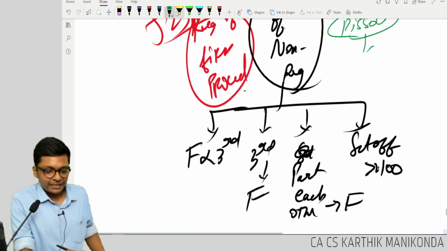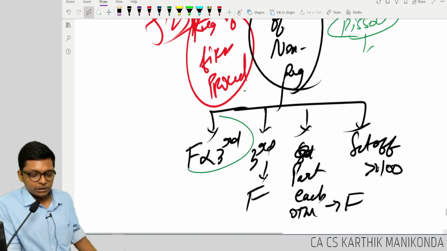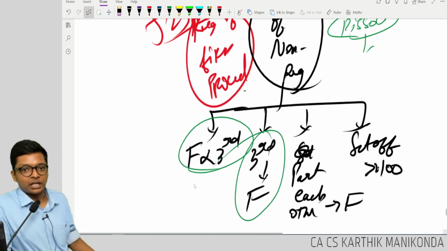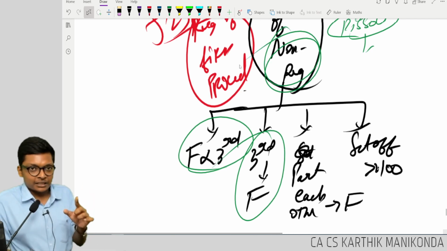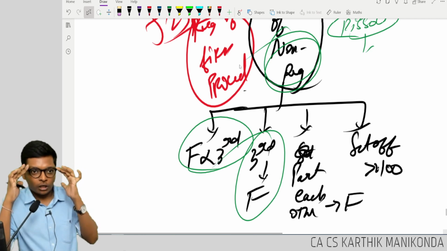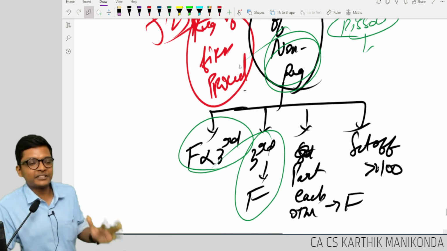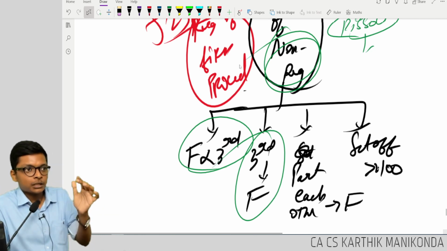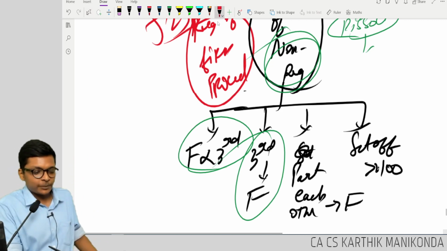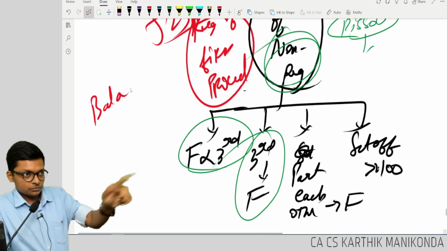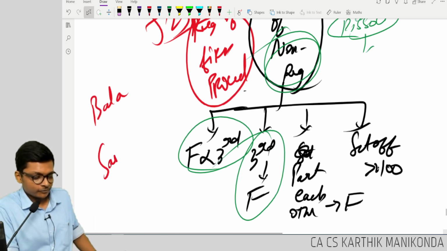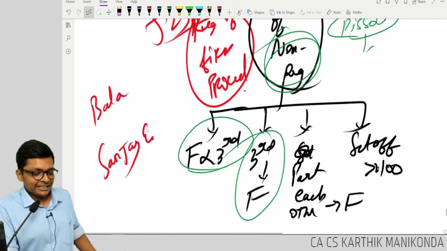What is the logic here? Why can the firm not sue a third party, but a third party can sue the firm? Very easy. If the firm is non-registered, in the eyes of the law, the firm is not visible. Let's say there is a problem between Bala and Sanjay. Sanjay and Co. is the firm.